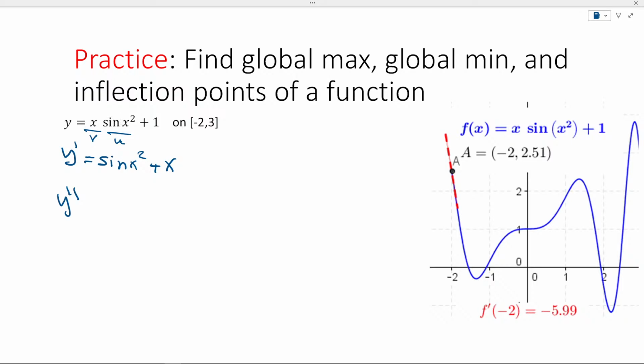So what is the derivative of this guy? The derivative of this guy is cosine x squared times 2x, because the derivative of sine is cosine, and then you use the chain rule, so you multiply it by 2x.